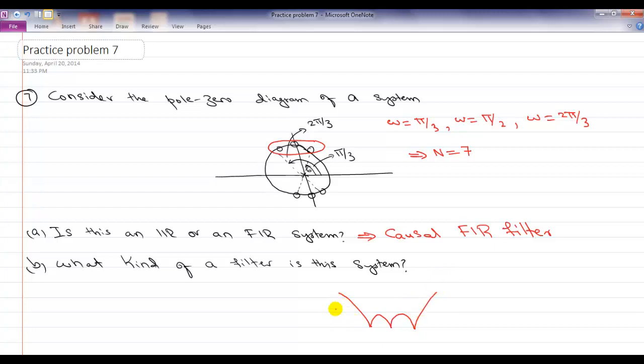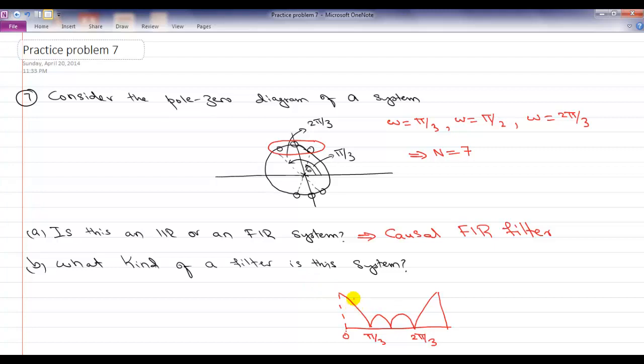Okay. If I just plot the zero frequency from 0 to pi, this filter you will characterize as a band stop filter. It is attenuating the frequencies between pi by 3 and 2 pi by 3, or a little before pi by 3.